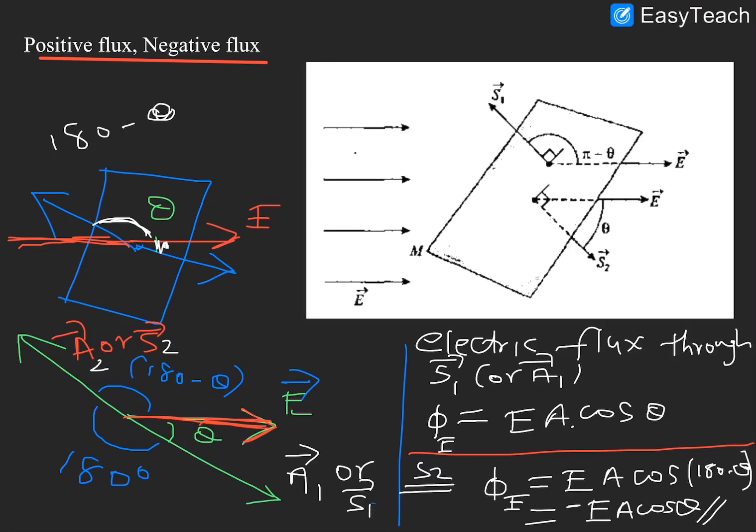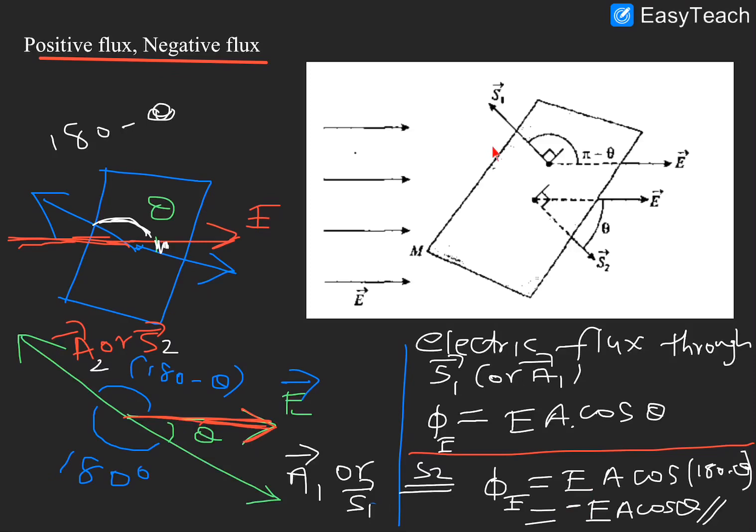Now you can see first flux is positive, E A cos theta. Second flux is negative. So this flux is different from this flux by a sign, only a negative sign. This negative sign shows that their direction is opposite.